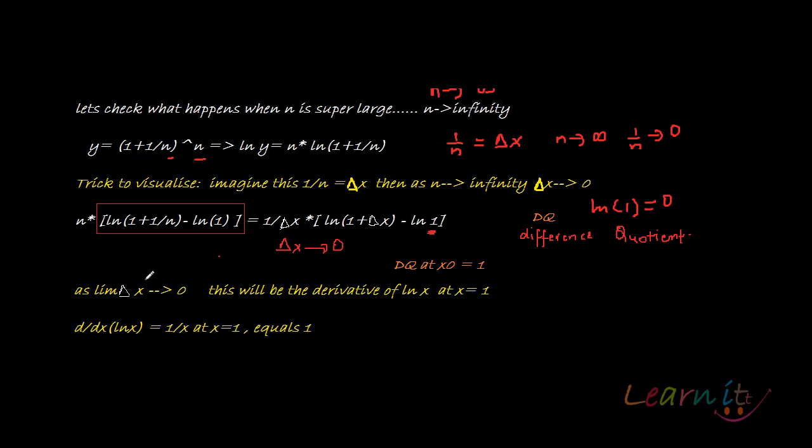So as limit delta x tends to 0, this will be the derivative of log x at x equals 1, because the function is log x. So d by dx of log x equals 1 by x. That is something that we know. And when x equals 1, 1 by x equals 1 by 1, which is 1.